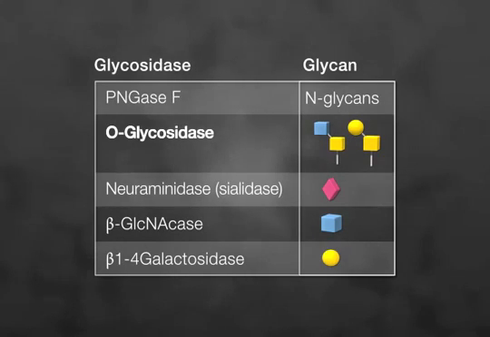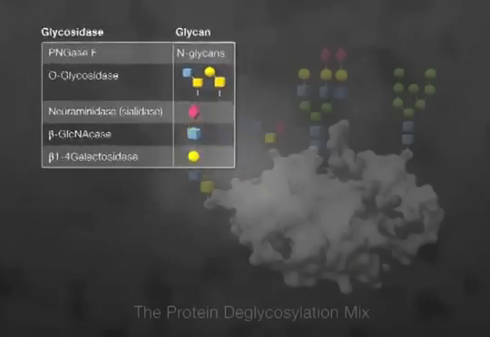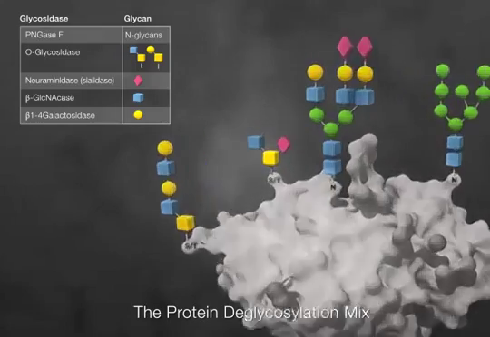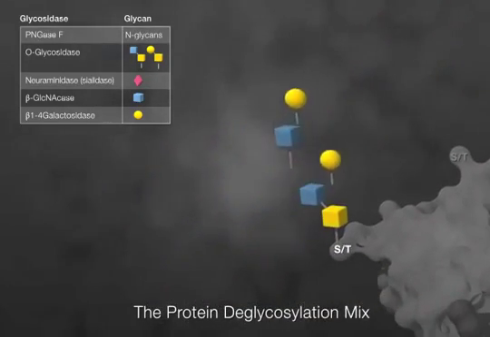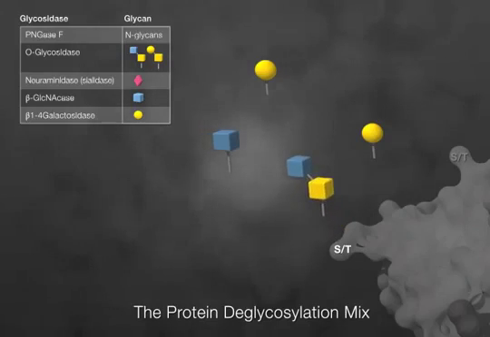O-glycosidase removes core 1 and core 3 O-glycans. The exoglycosidases sialidase, beta-GlcNAcase, and beta-1,4-galactosidase can be used to trim down O-glycans to their core structures. The protein deglycosylation mix can remove short O-glycans and longer-chain O-glycans in a step-by-step reaction.